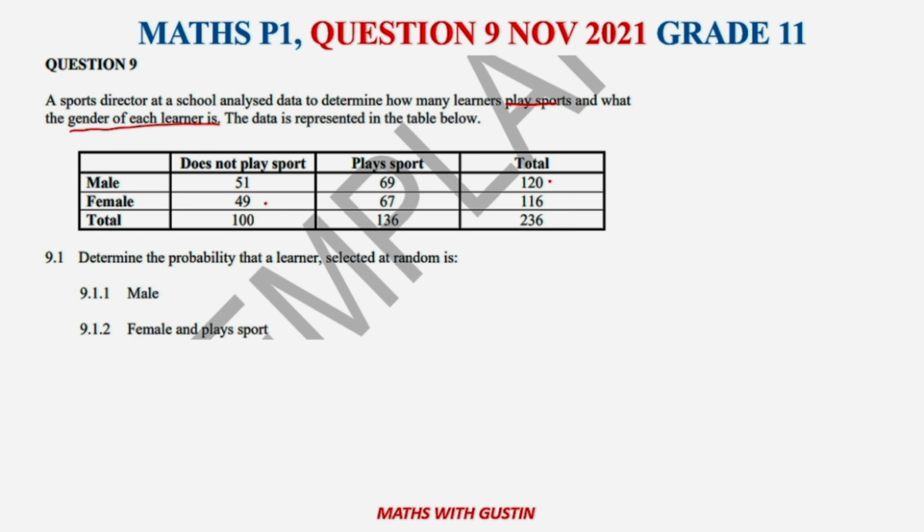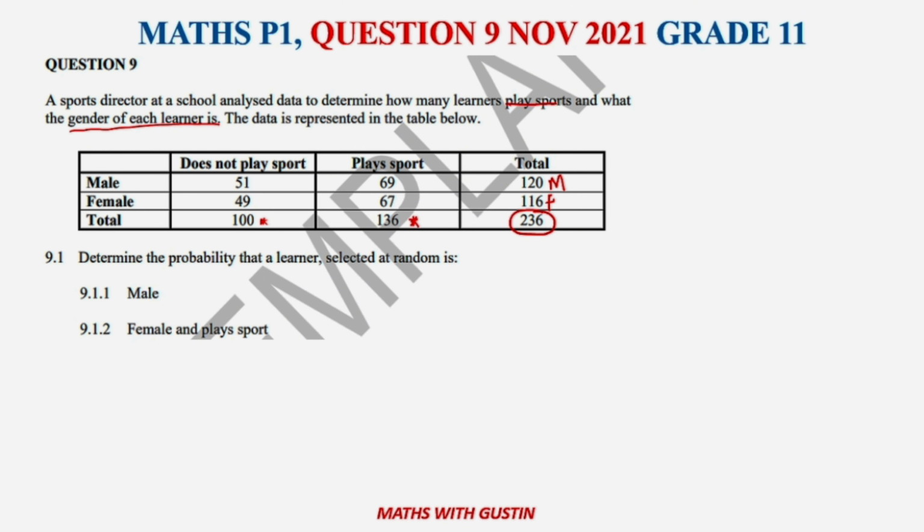We've got females that don't play sports, and if you add them to the males, the total number of people that don't play sports is 100. So those that play sports are total 130. The total number of females is going to be 116. And at the end, the total number of these people, male and female, playing sports and not playing sports, is 236.